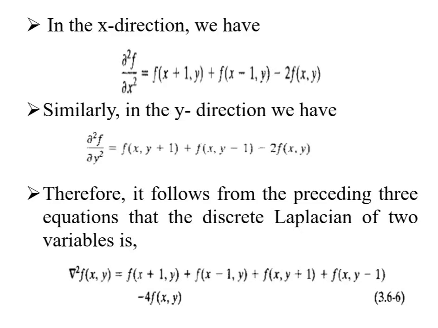Similarly, in the y direction, del square f upon del y square is f of x comma y plus 1 plus f of x comma y minus 1 minus 2 f of x y. Therefore, it follows from the preceding equations that the discrete Laplacian of two variables, del square f of x comma y, is equal to f of x plus 1 comma y plus f of x minus 1 comma y plus f of x comma y plus 1 plus f of x comma y minus 1 minus 4 f of x comma y.